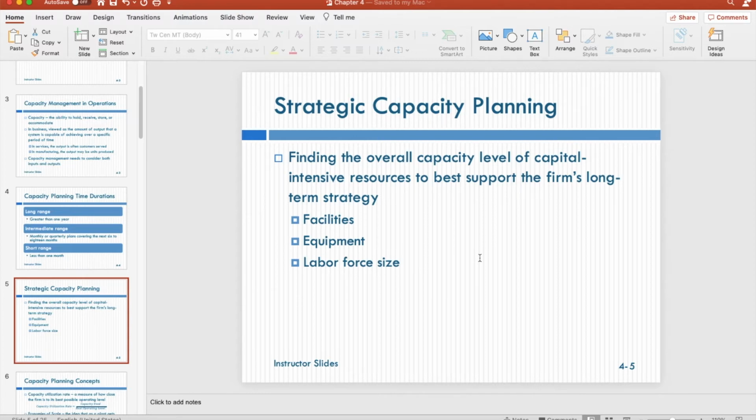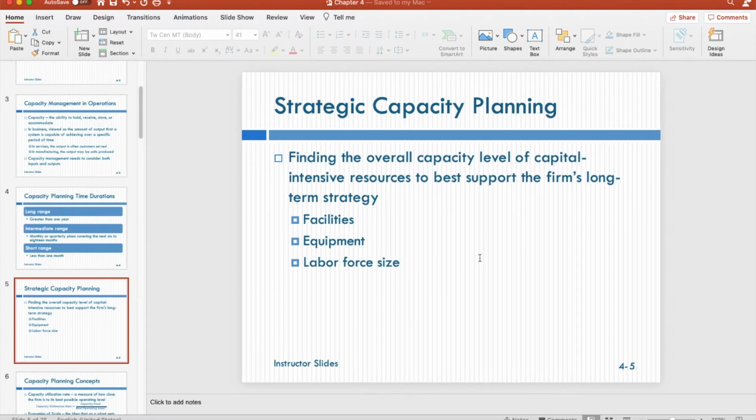So in order to deal with strategic capacity planning, not just capacity planning, what is strategic capacity planning? Basically, strategic capacity planning is trying to find out the overall capacity level of our capital intensive resources in order to best support the firm's long-term strategy.